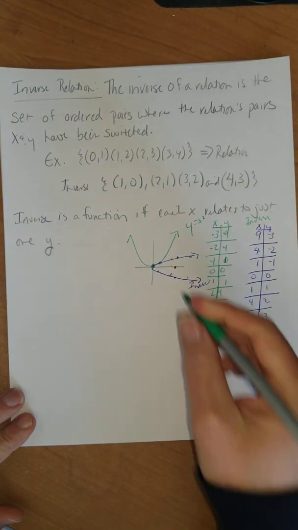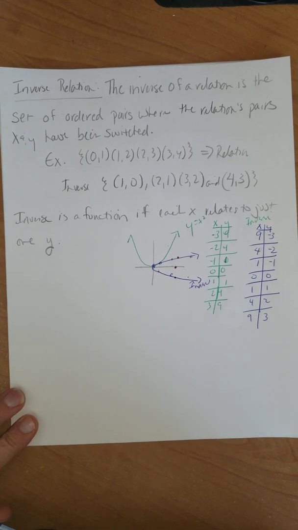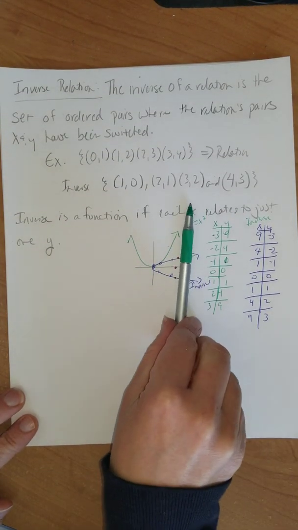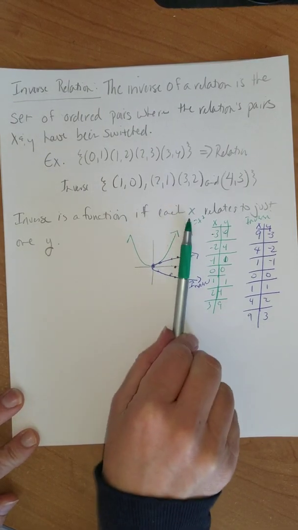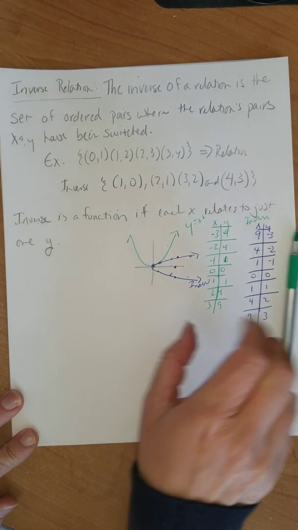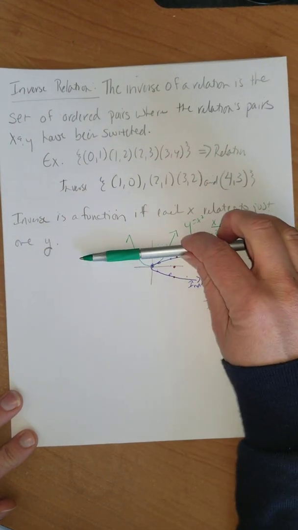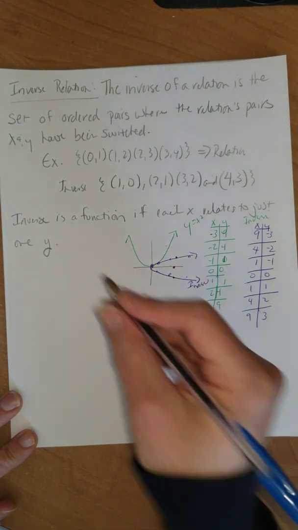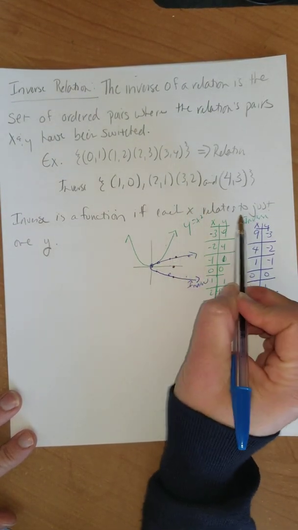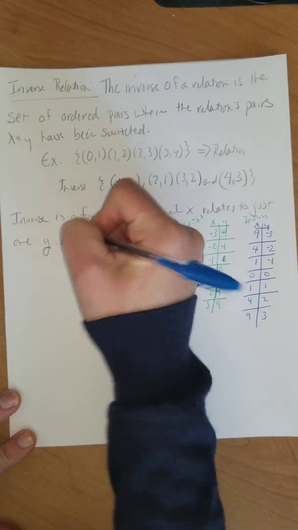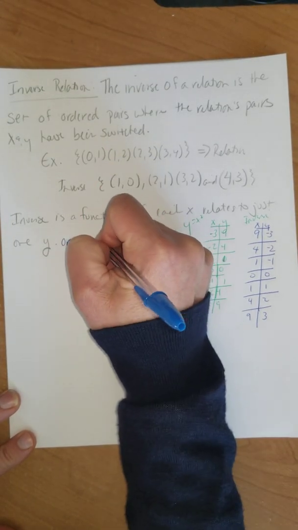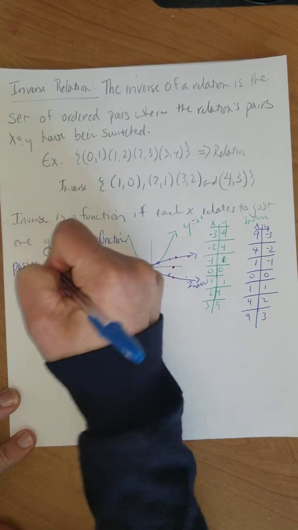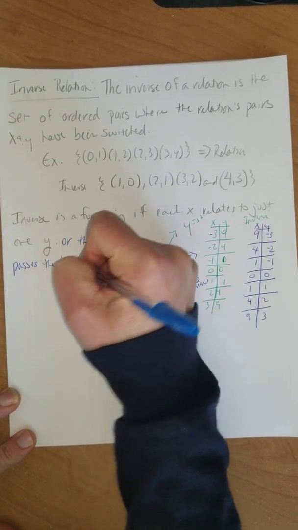So the question is, if I just look at the parabola, how could I figure out that it's not a function? Well, would it make sense that here is my vertical line test, that's where my x is, where my x's are, that would be the same as my y's, that'd be my horizontal line. So we're going to say that the test for an inverse to be a function is that the original function, the parabola, passes the horizontal line test.